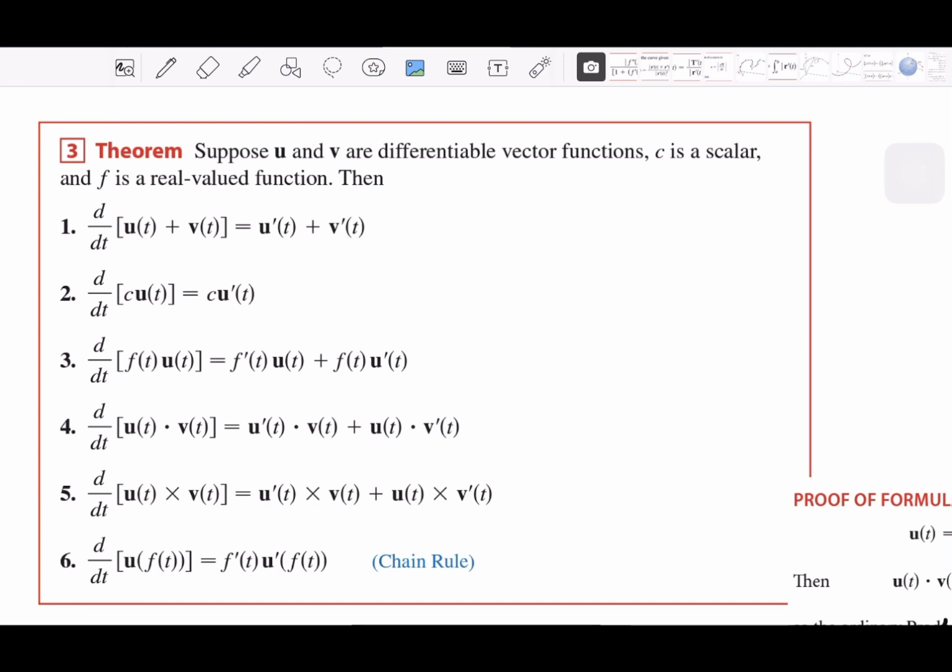Some parts I think are quite important and interesting, number 4 and 5 actually. If we take the dot or cross product, then we are going to take the derivative of each one of them based on how we treat them in the product rule.